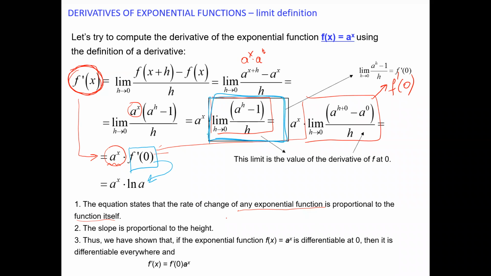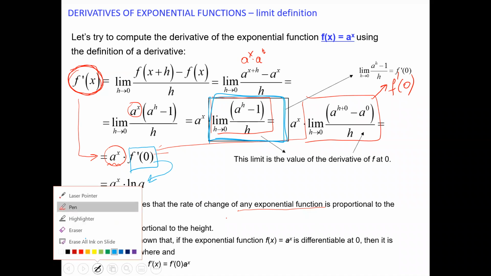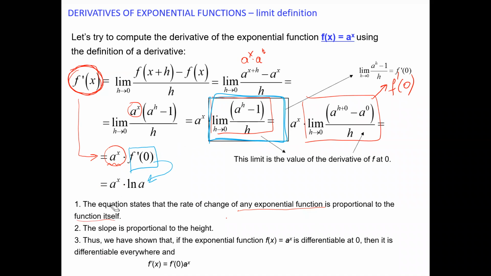Because this is an indeterminate form, that limit will give us this value for the function a to the x, and we will get the natural log of a. We will focus on this type of limit later, but at the moment, I'm just providing the final answer.